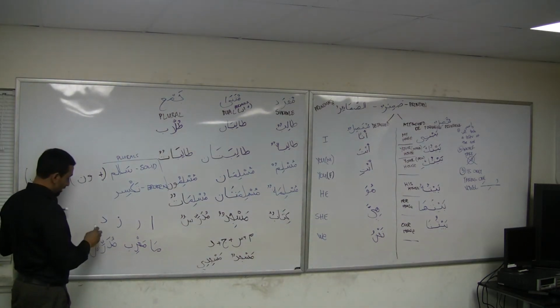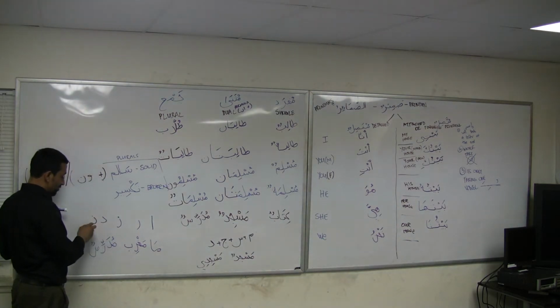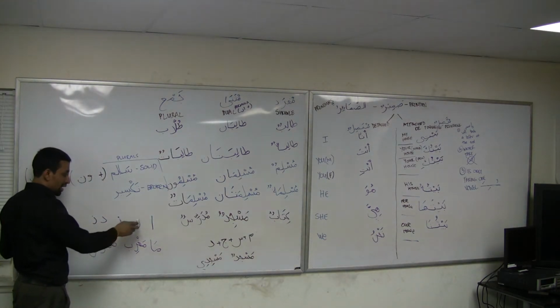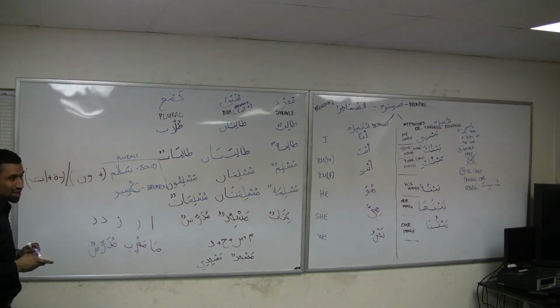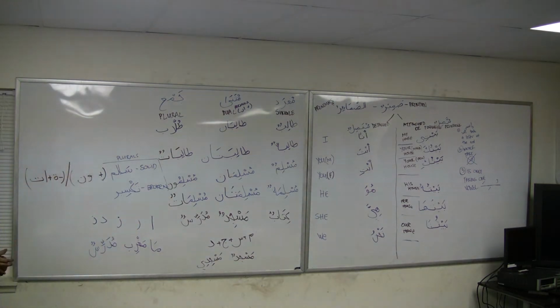That's why it's written like that. Dal and zal are like brothers. Ra and zay are like brothers. Alif also doesn't like it. Let me think if there are any others off the top of my head. I can't think of any right now.